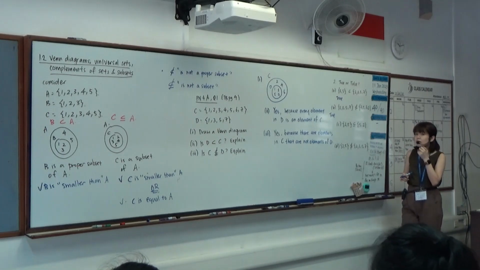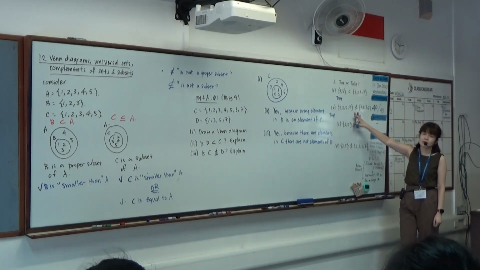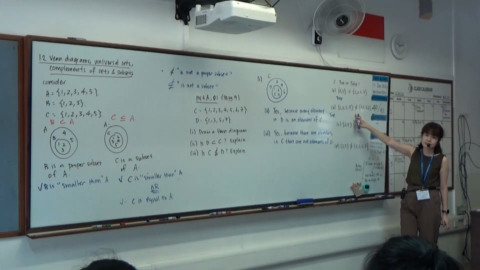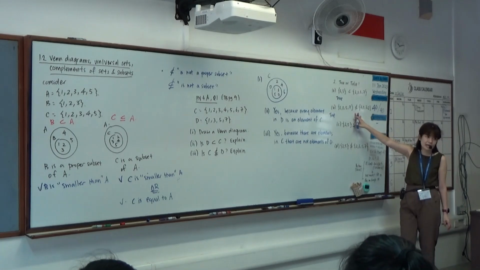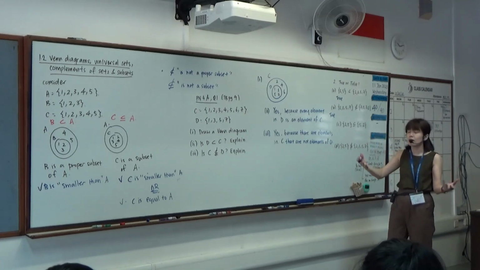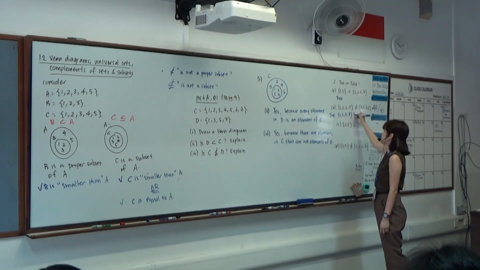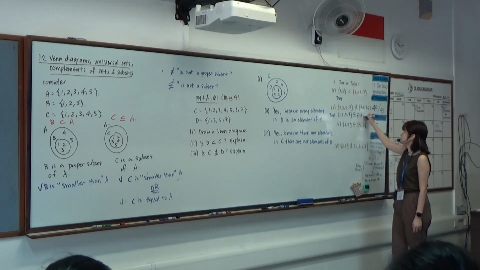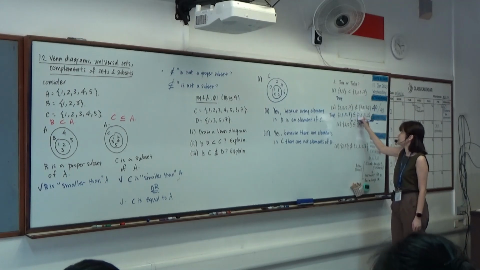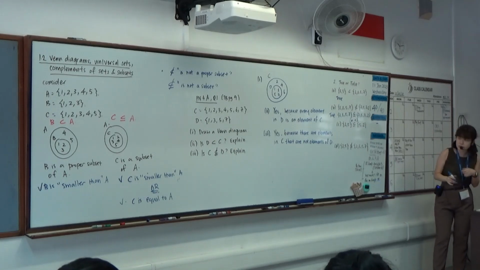All the elements are also there, so therefore it cannot be a proper subset, but it can be a subset. Otherwise it can also be equal, if you want to be even more precise. So either we say it's a proper subset, otherwise you can say they are equal, also fine.